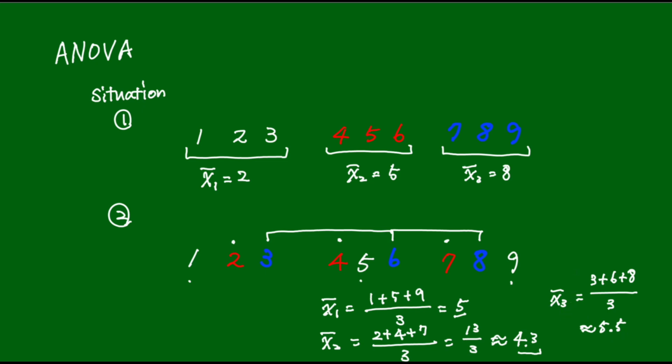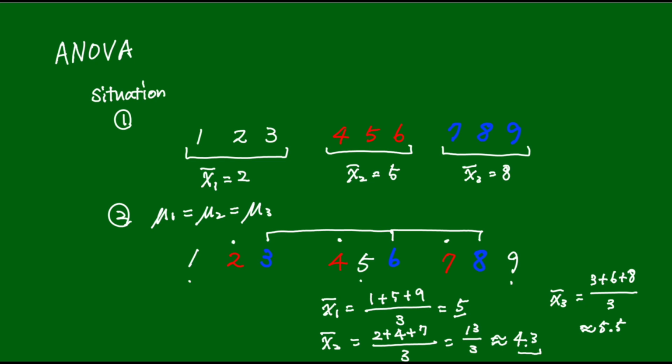So comparing situation 1 and situation 2, when we see situation 2, I would say, oh, I guess mu1, mu2, and mu3 are all the same, because the sample means for each group are very similar.